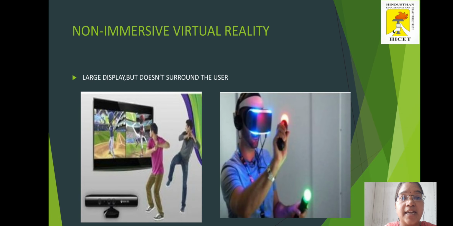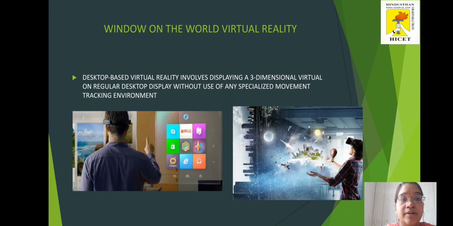The second type is non-immersive virtual reality. It is a large display but does not surround the user. For example, PlayStation and artificial 3D games all come under non-immersive virtual reality.